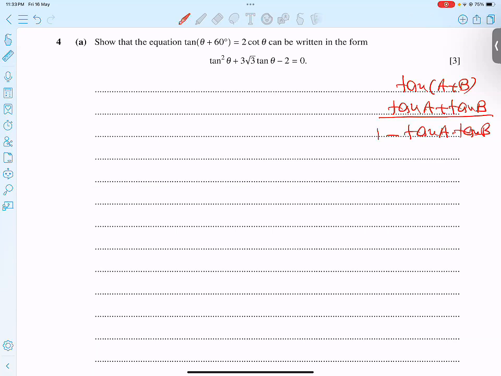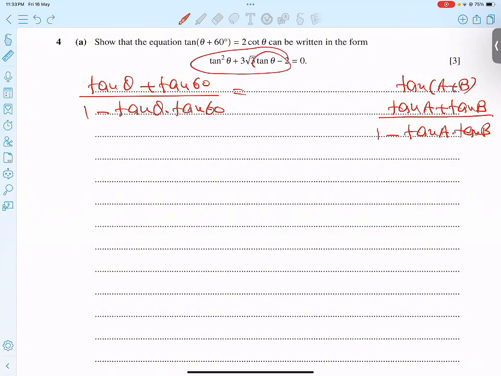So let's apply it to the left-hand side. Tan theta plus tan 60 over, in the denominator, 1 with the opposite sign, meaning a negative sign, and the product of tan theta and tan 60. On the other side, cot is 1 by tan. Don't say cos over sine, because cos over sine will create a problem, as I need to convert into tan.